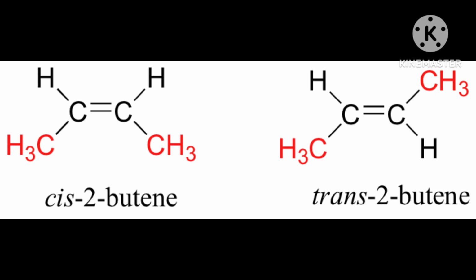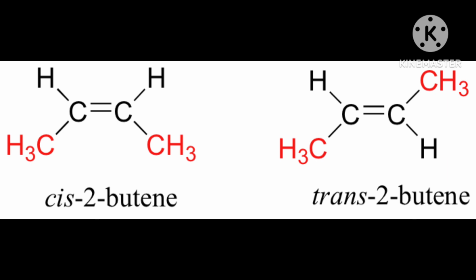Now the next structural isomerism is metamerism. Metamerism arises due to different alkyl chains on either side of the functional group in the molecular formula.